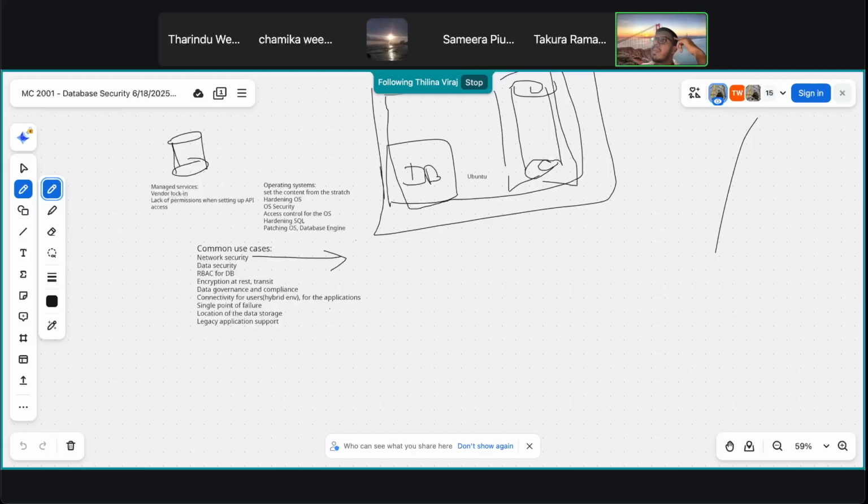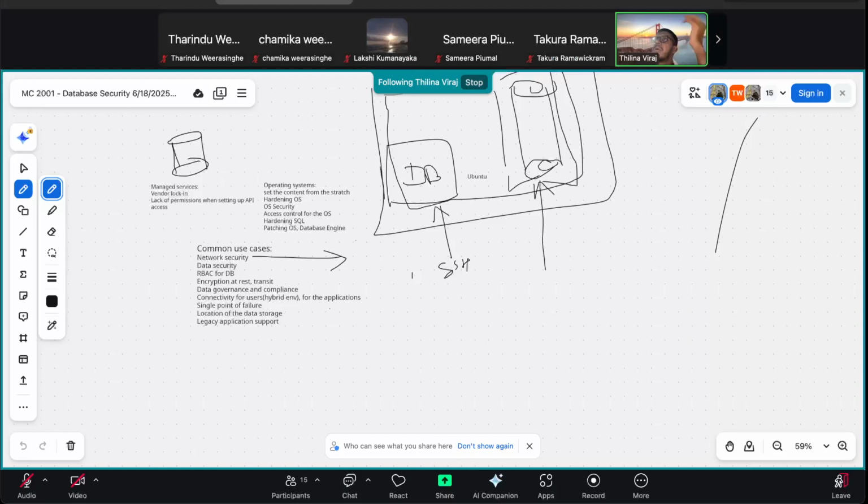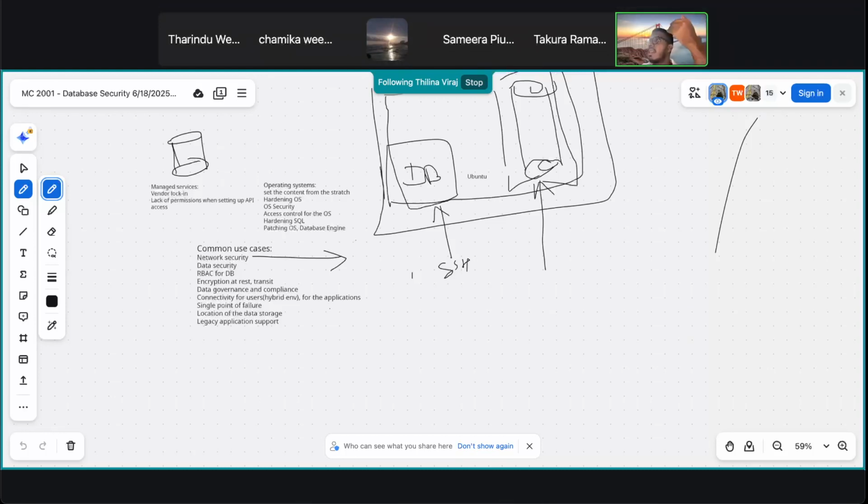Here you will be getting to access this database either through SSH or by opening a separate port, right? What about this one? This guy will only be accessible through the protocol that is assigned to access that database. Like if it is SQL, PostgreSQL or normal MySQL or anything, through that designated port that has been allocated for that service, and the protocol is there, right?